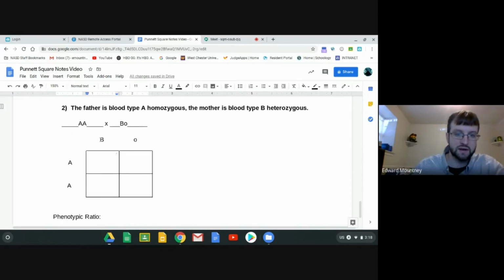So this A could have this B, those two alleles. This A could have this O. This A could have this B. And this A could have this O.